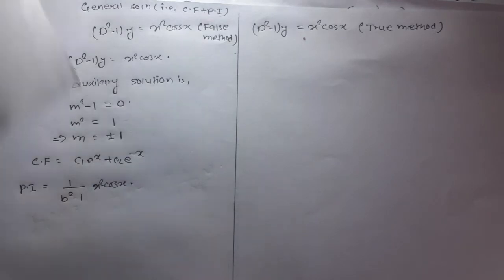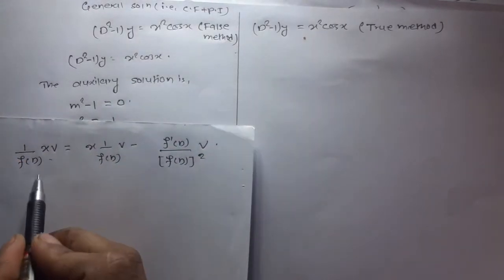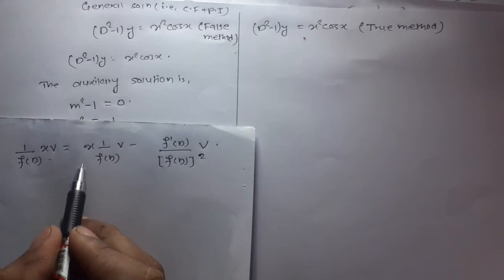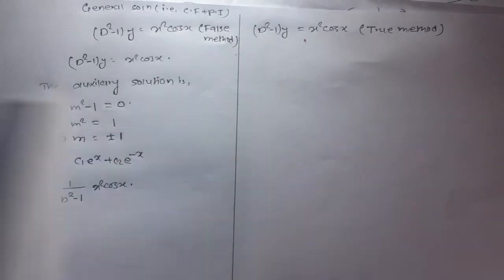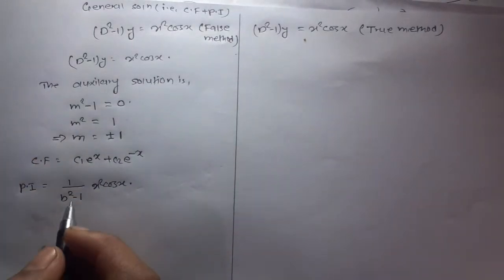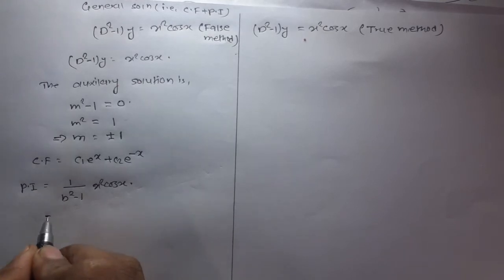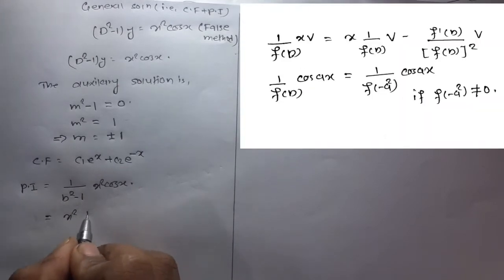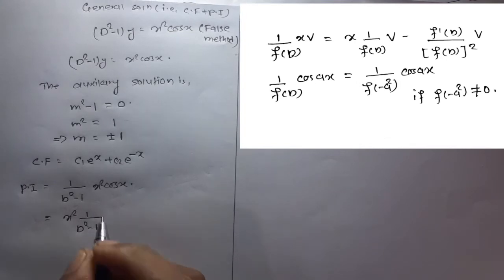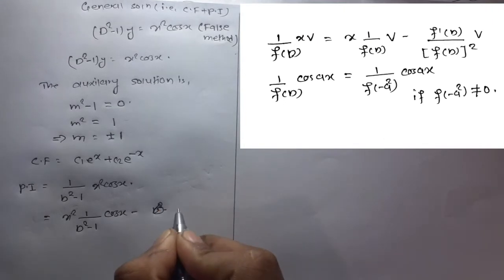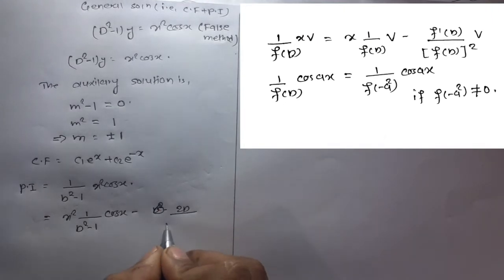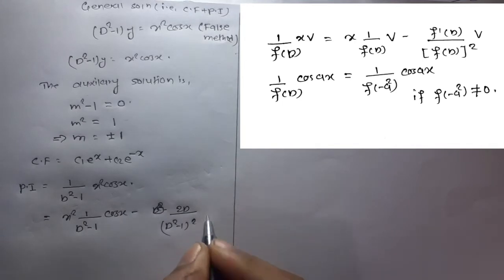Now we know the formula: 1/f(D) x·V = x · 1/f(D) V − f'(D)/[f(D)]² V. So you use this formula. So x²/(D² − 1) cos x − 2D/(D² − 1)² cos x.